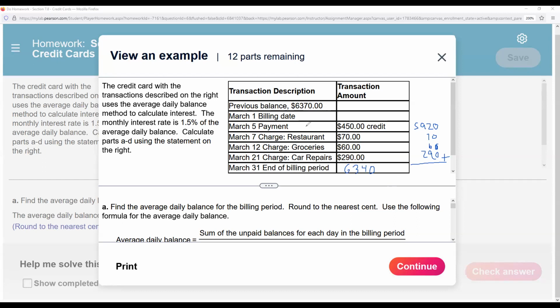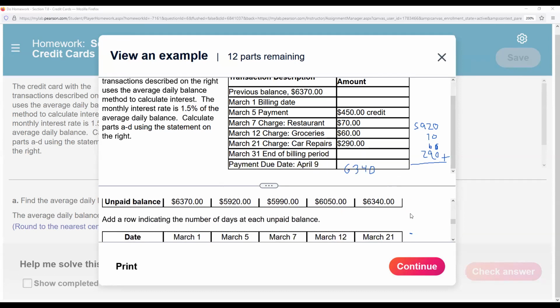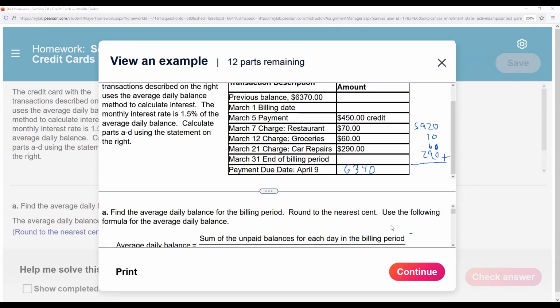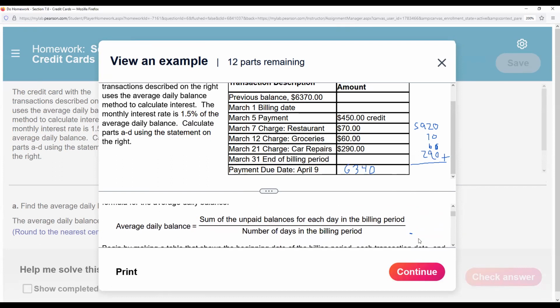That sucks. Now, they're using 1.5% of the average daily balance. Okay, so the sum of the unpaid balances divided by the total number of days. Yeah, total days. So we're gonna have 6,340 divided by 30 days, we said, right?